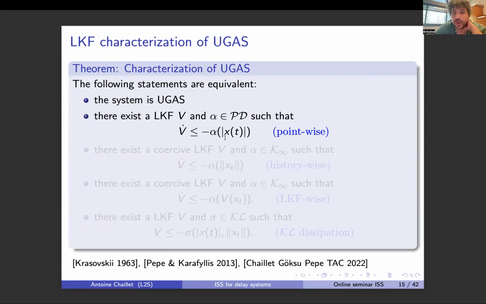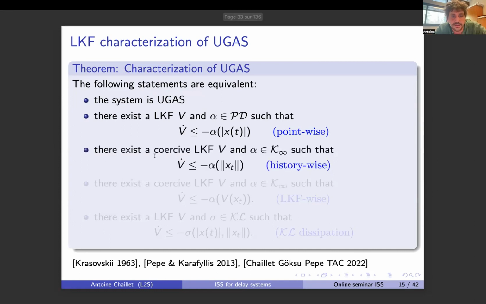What I mean by pointwisely is that the dissipation rate involves only the current value of the state, meaning x of t only, not the past values, not the functional itself, just x of t. So this is very handy in practice because when you make derivations on some practical system, you usually end up with negative terms only involving the current value of the state, and it's harder to involve more terms sometimes.